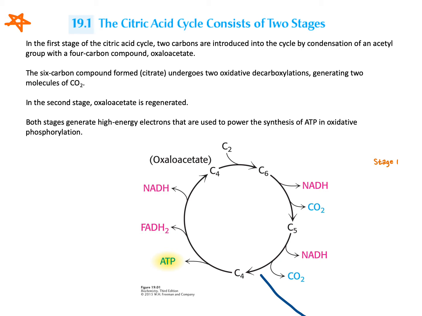The citric acid cycle consists of 2 stages. In the first stage, a 2-carbon acetyl group condenses with a 4-carbon oxaloacetate to form a 6-carbon compound, citrate. The 6-carbon citrate undergoes 2 oxidative decarboxylations, generating 2 molecules of carbon dioxide.